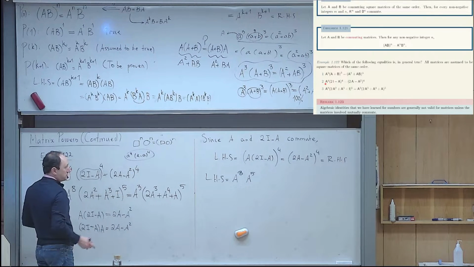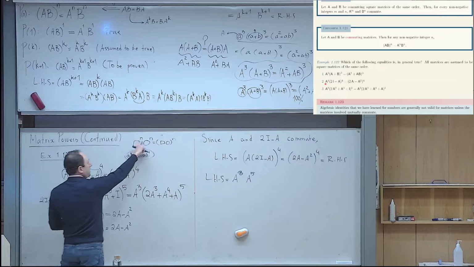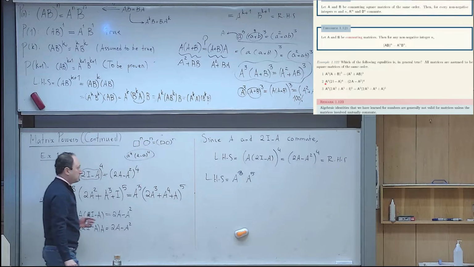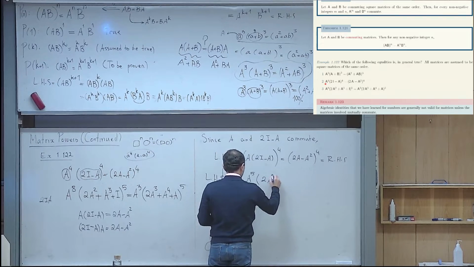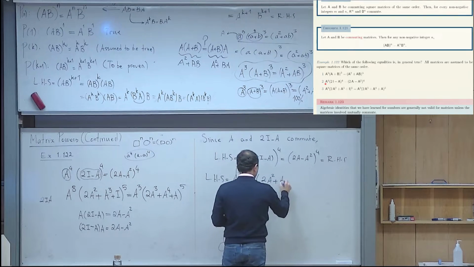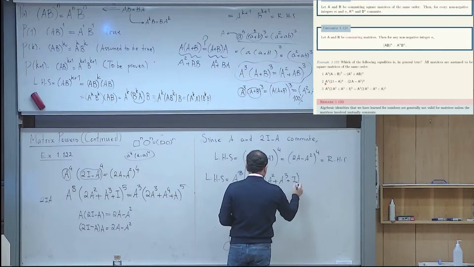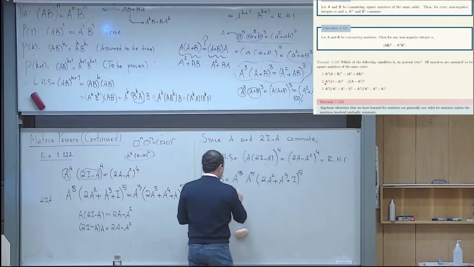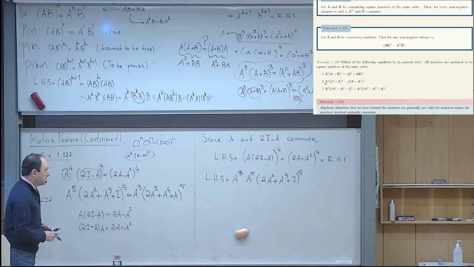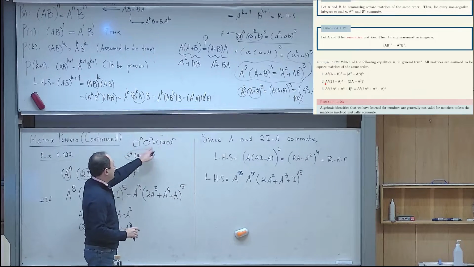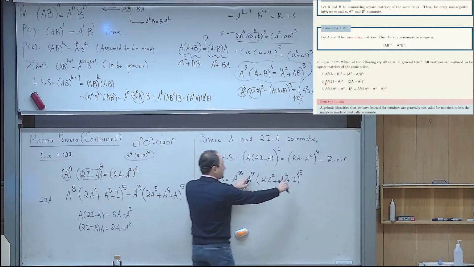In some sense, if I want to use that theorem, these powers should be the same. So then I would write this one. This is 2a squared, and then I have plus a cubed and plus I, and then to power 5. Okay, this is always valid. 100% it's valid. But I want to use this idea for these two powers of 5.